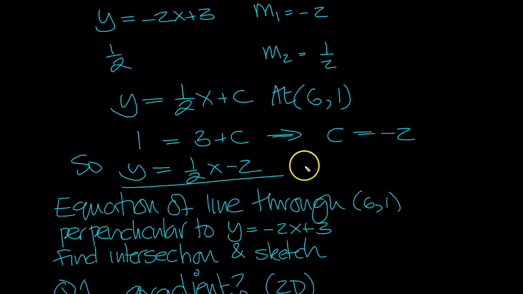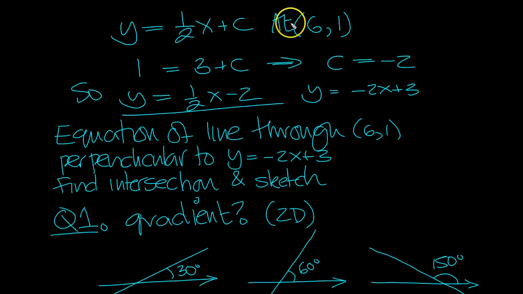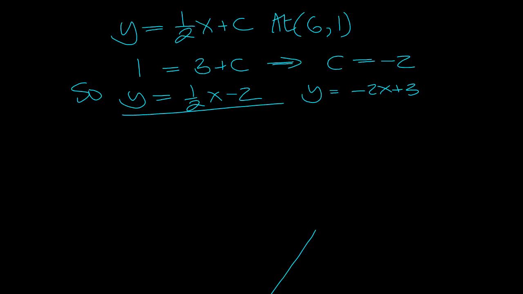Okay, so we've got two lines here. We've got y equals minus 2x plus 3. Find the intersection and sketch then. So do a quick sketch of that then. So we've got these two straight lines.